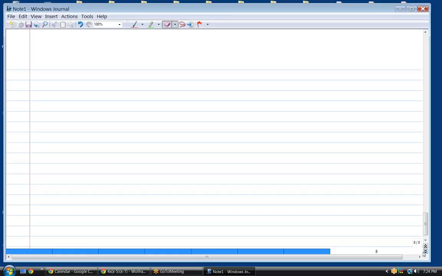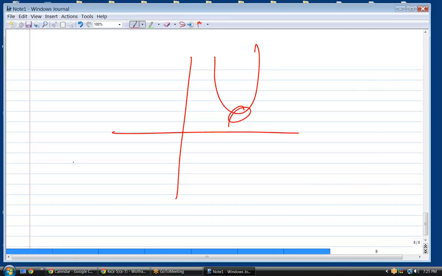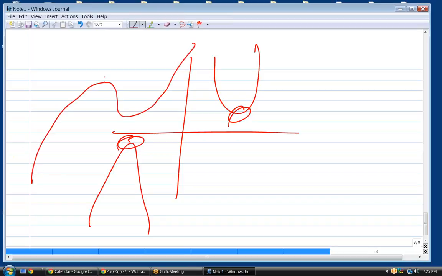Notice that when you have a cubic, you can't figure out where the maximum is easily. You don't have a vertex of that cubic function, whereas a quadratic only has one maximum or one minimum. There's no question about it. With a cubic, there's a local maximum, and this is a local minimum.